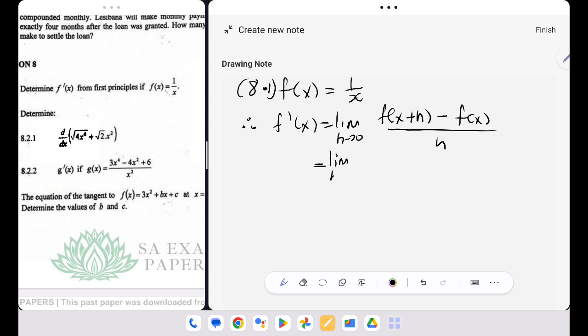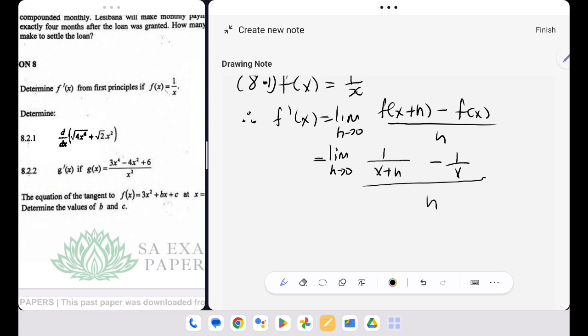For f of x plus h, we'll go to f of x, and whenever we see x, we will substitute with f of x plus h. Then we'll have 1 over x plus h minus 1 over x all over h.